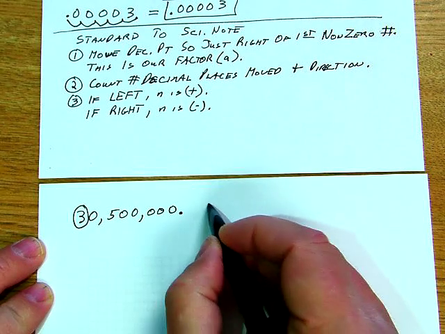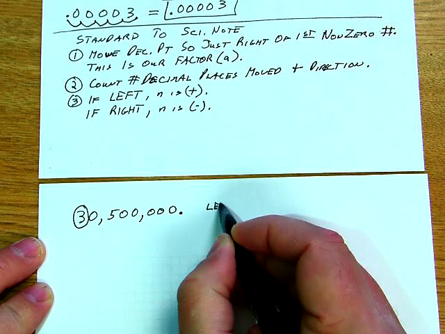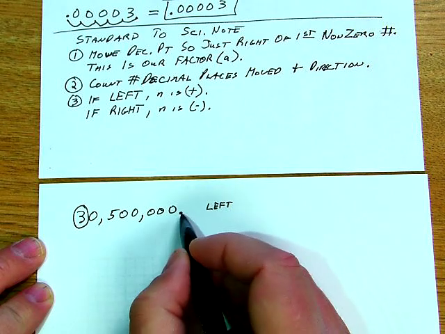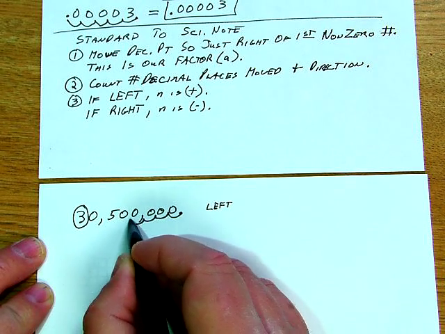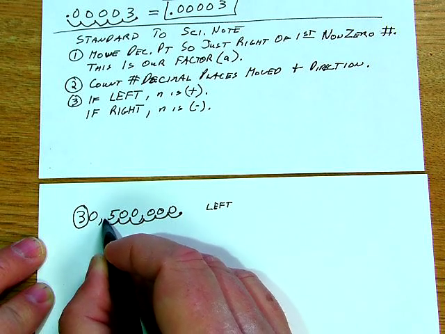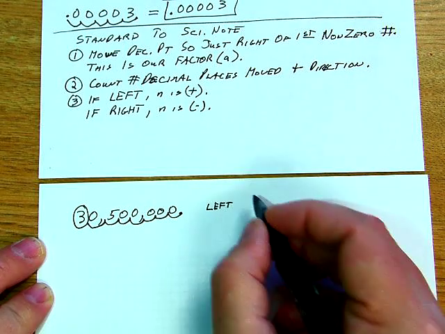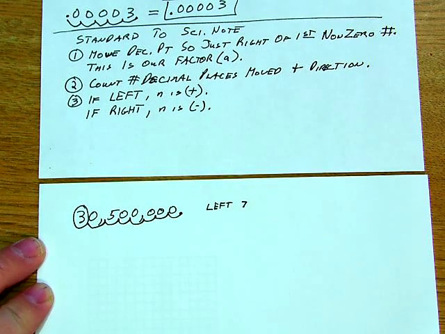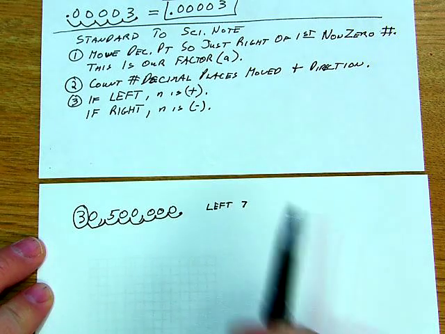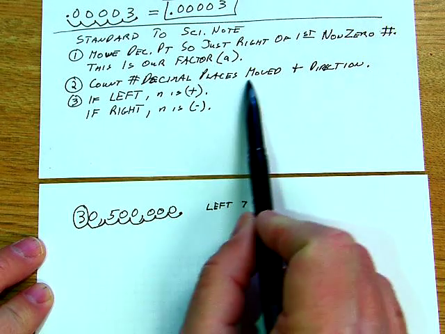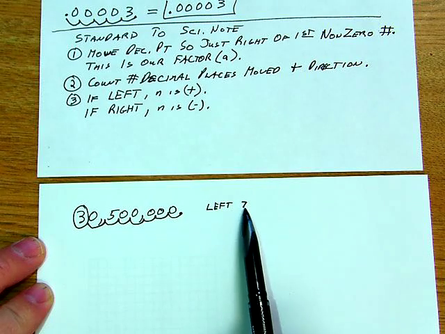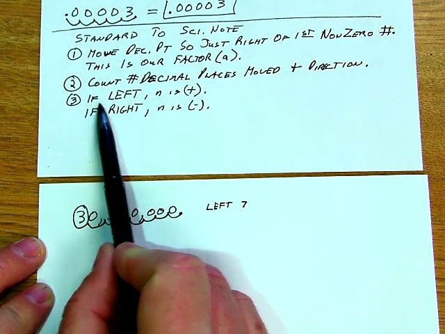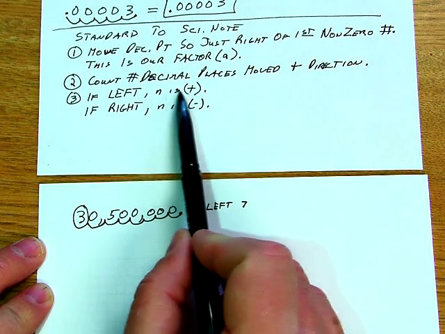So I'm going to write that down right now. I'm moving to the left. And I'm going to count it. 1, 2, 3, 4, 5, 6, 7 places. So I went left 7. So I've now counted my decimal places and what direction I've moved. Left 7. Now I'm going to say if I moved left, then n is a positive number.